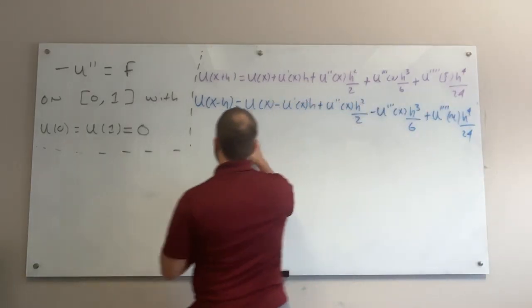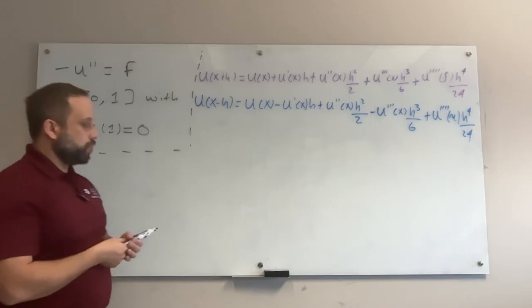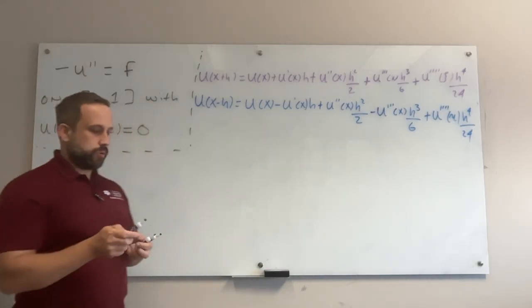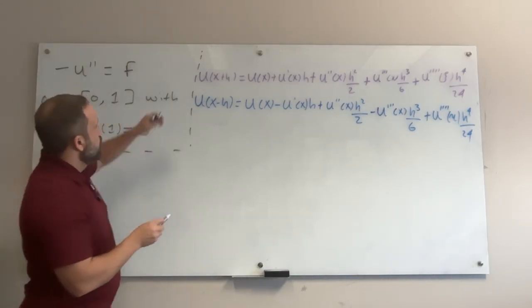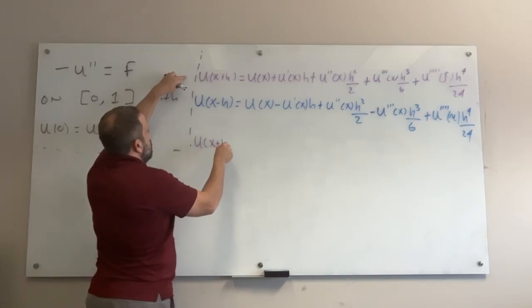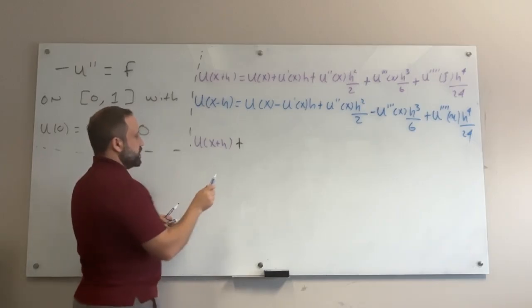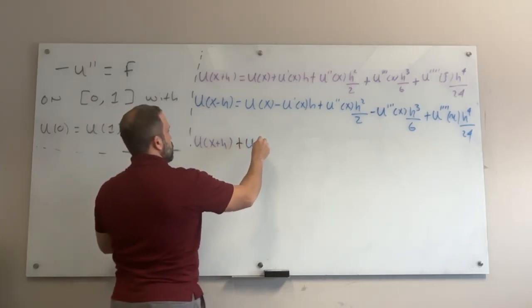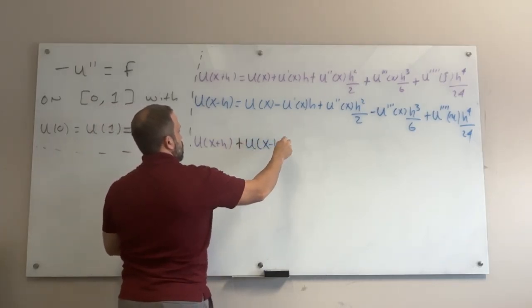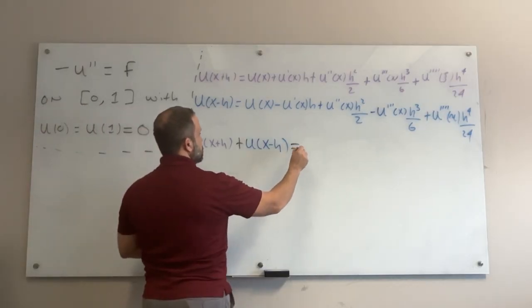Okay, now we're going to do something similar to what we did before, except instead of subtracting the equations, we're going to add the equations together. So we're going to add these two equations together. We're going to have u of x plus h plus u of x minus h on the left-hand side. Okay, what's going to happen on the right-hand side?